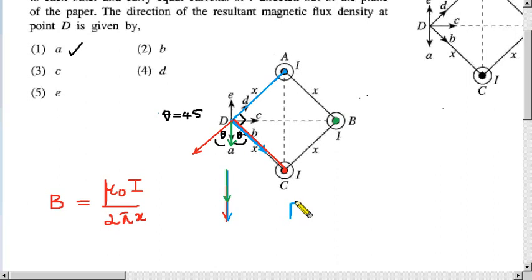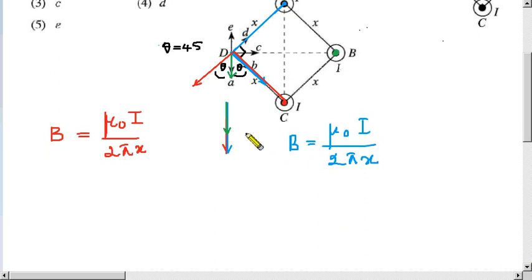So you have to write B equals mu naught I divided by 2 pi x. Then you have to get the cos theta, because you have to turn this this way and take the component, cos theta of this one, cos 45, that is downwards in this direction.